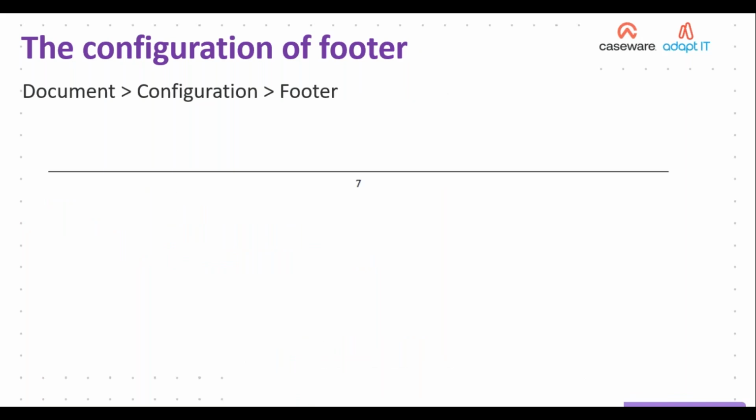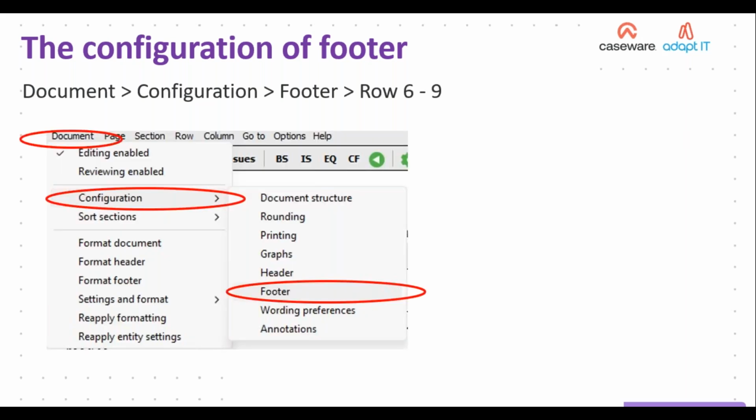Now, to configure the footer, this is again the same drill as the header. If you want to make a change to the full document, remember the document menu on your Caseware Cloud view menu, document configuration, footer, where you can change different items.